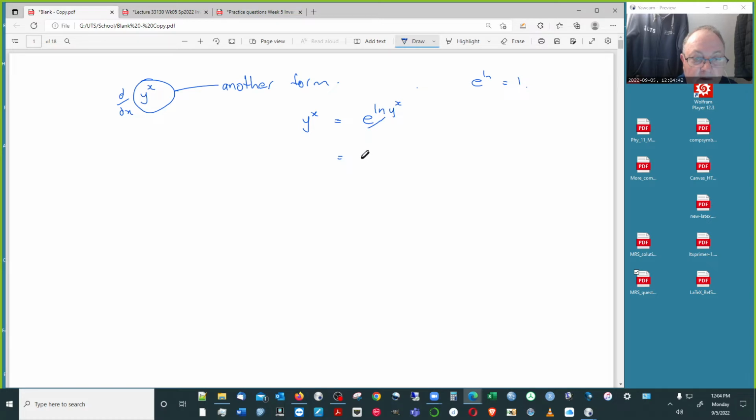So now, using the log laws, I can put this x down here. So I can say that x ln y. So y to the x equals e to the x ln y.